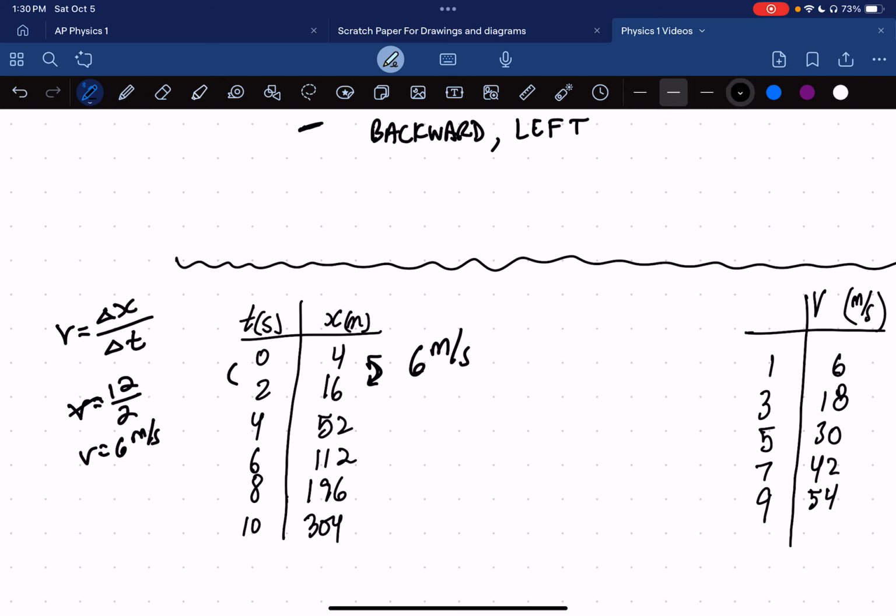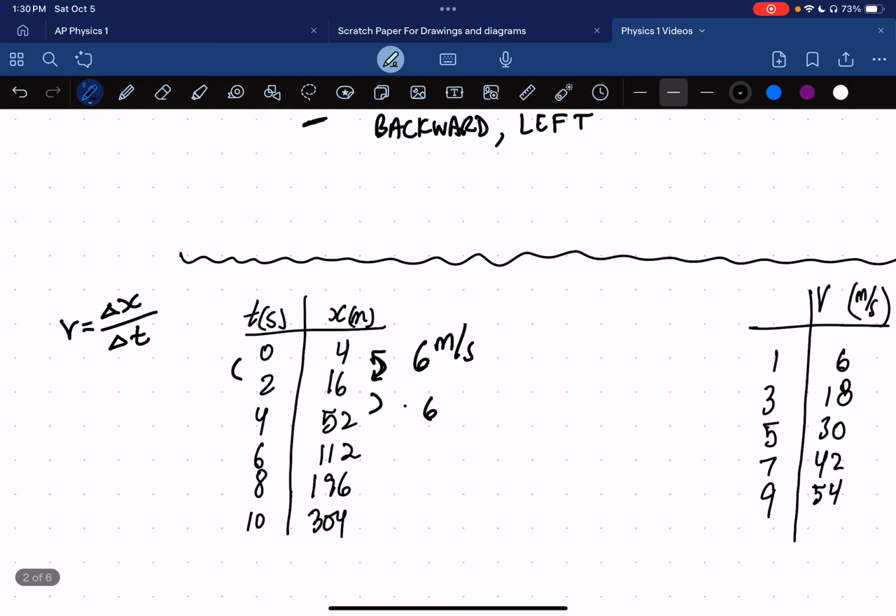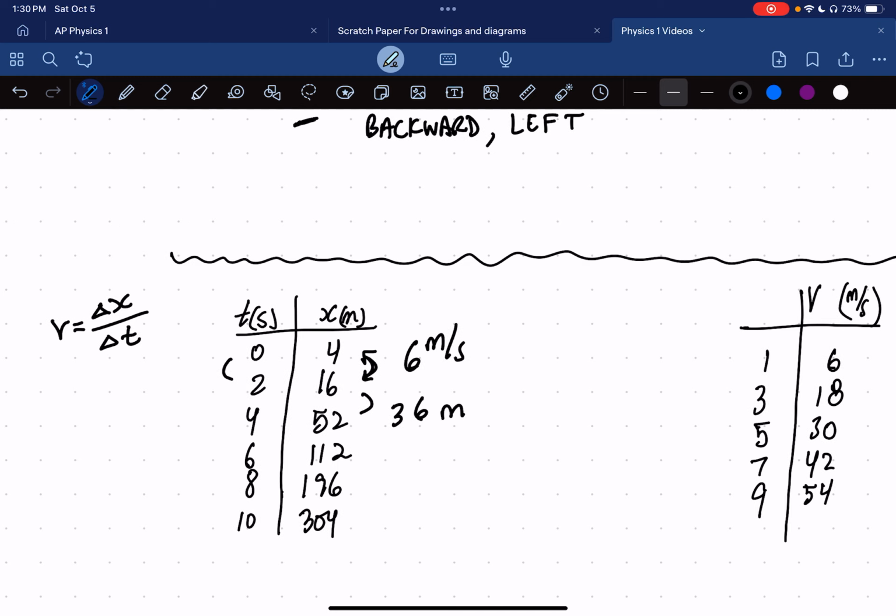Well, let's keep going. What's the change here? So 52, to do this in my head, looks like 36 meters of change. Let's see, is that right?